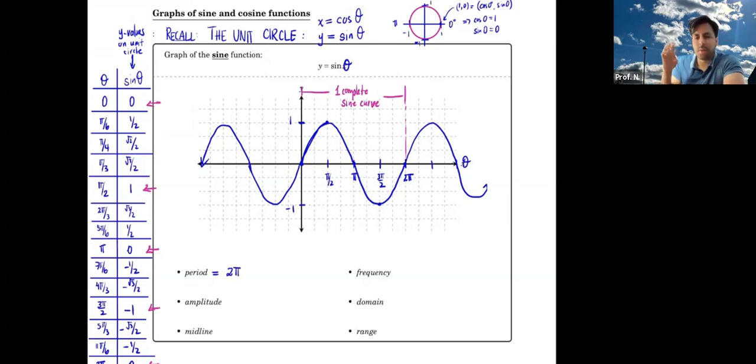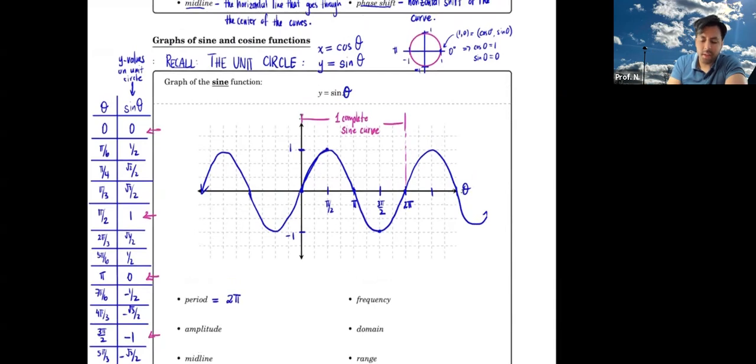That's how long, quote unquote, it takes to see one full curve. So the period for sine is 2 pi radians, or in other words, 360 degrees, is how long it takes to repeat a whole cycle, a full curve, a full cycle of a sine function. And again, a full cycle is just going around the unit circle once. That's all it is. It's going around the unit circle once.